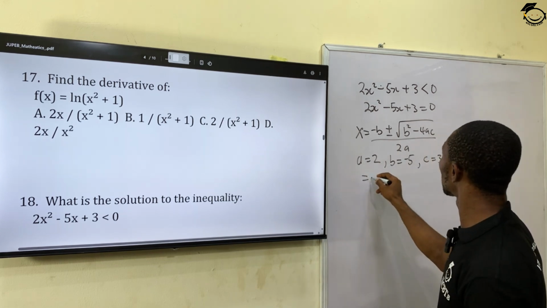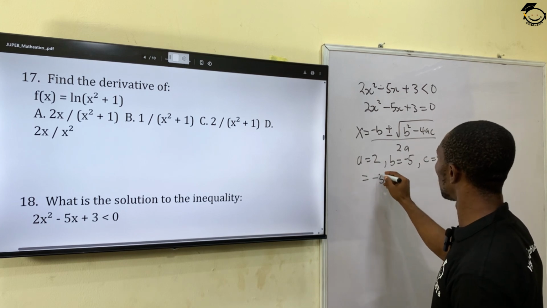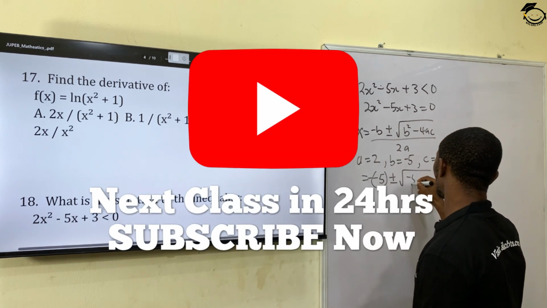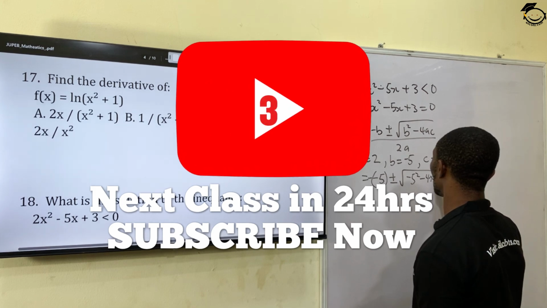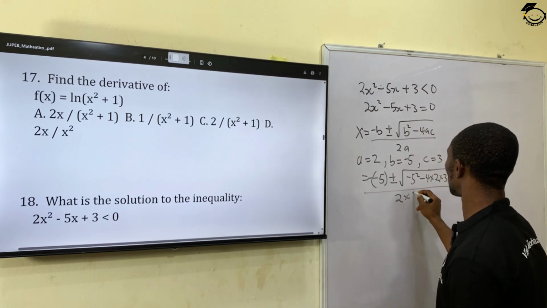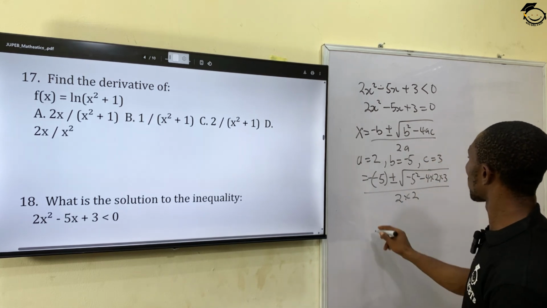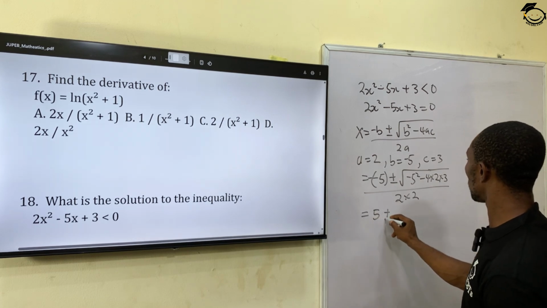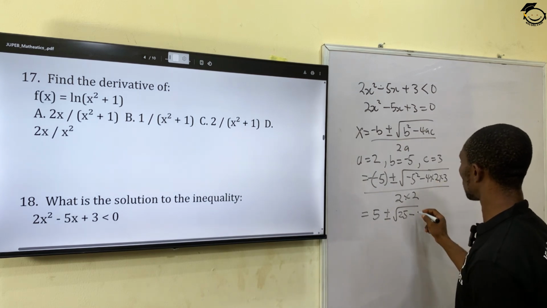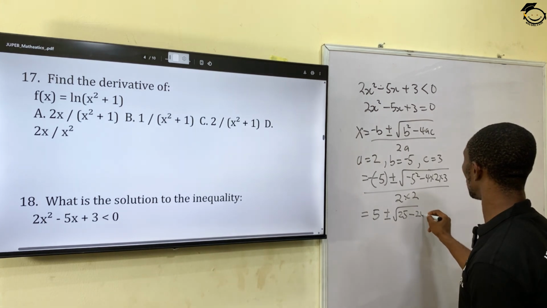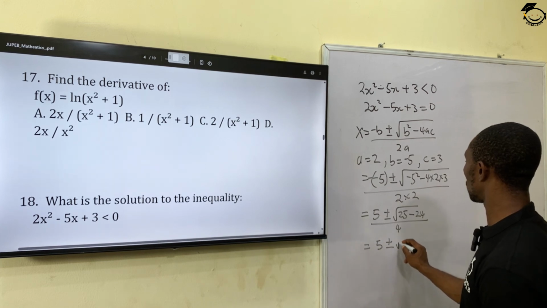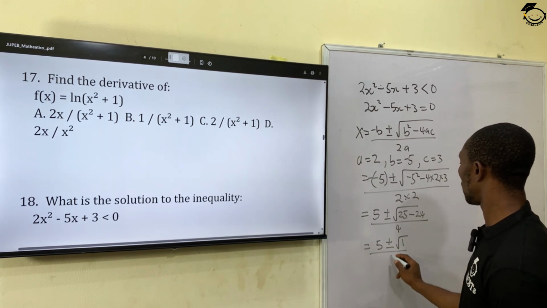So this will give us 5 plus or minus root minus 5 squared minus 4 times 2 times 3, all over 2 times 2. Alright, now this will give us 5 plus or minus root 25 minus 24 all over 4. So from here we have 5 plus or minus root 1 all over 4.